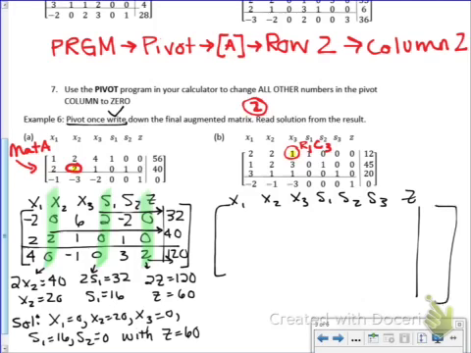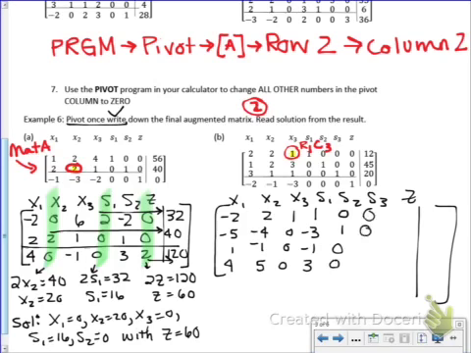Alright, and you should get -2, -5, 1, 4, 2, -4, -1, 5, 1, 0, 0, 0, 1, -3, -1, 3, and then 0, 1, 0, 0, 0, 0, 1, 0, 0, 0, 0, 1, and then 12, 9, 8, 36.